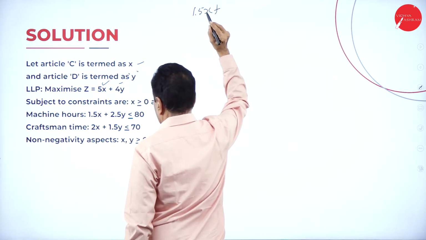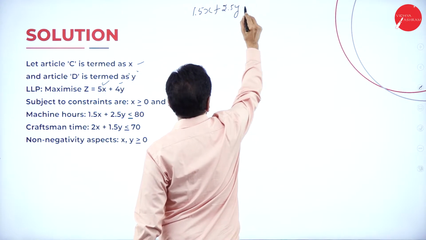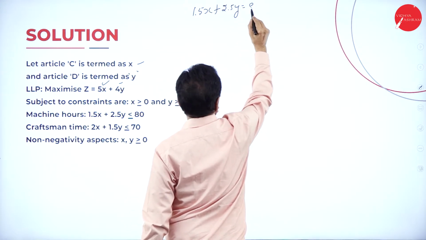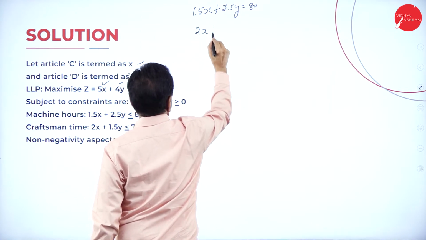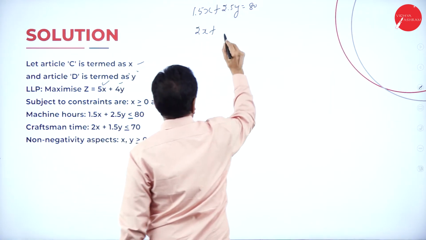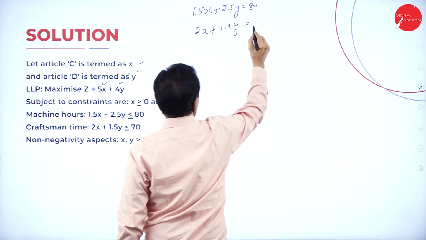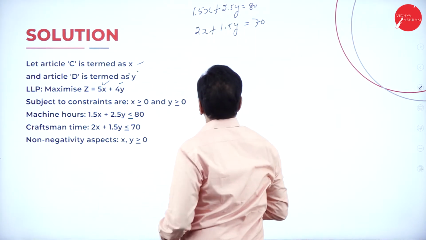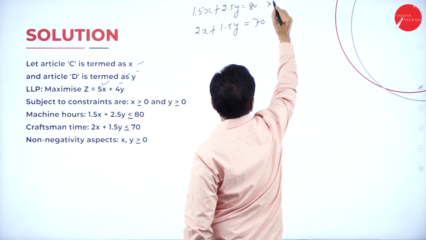1.5x plus 2.5y is equal to 80. Second one, 2x plus 1.5y is equal to 70. So this should be multiplied by 2.